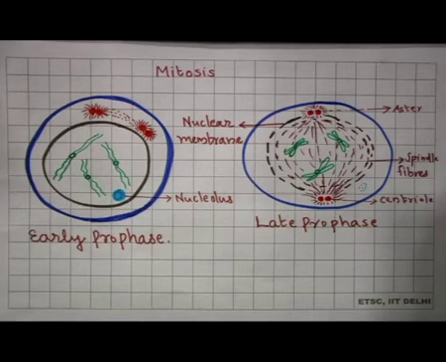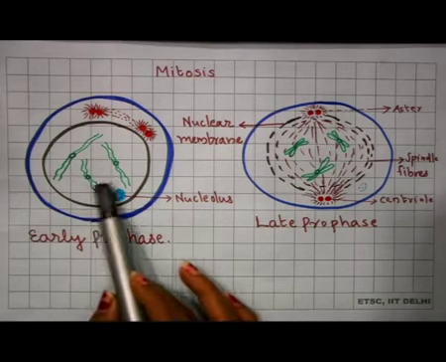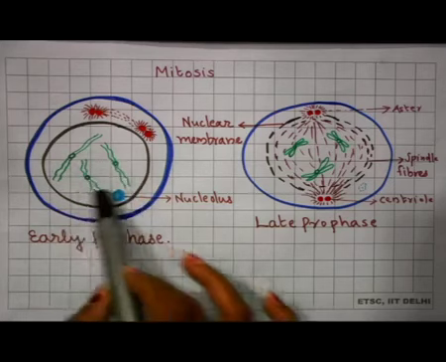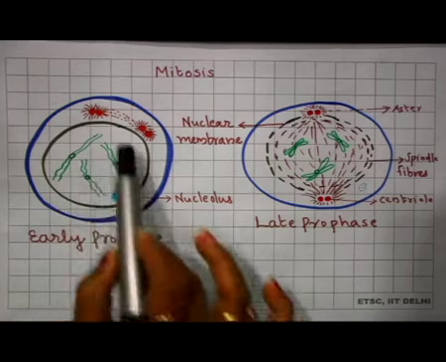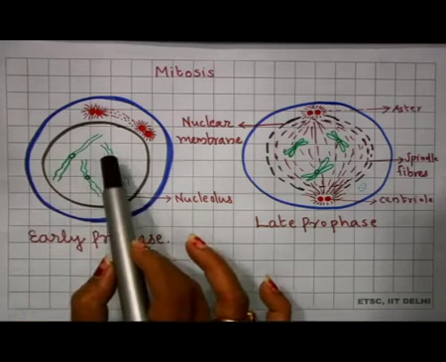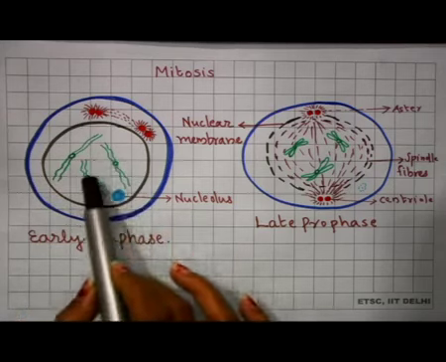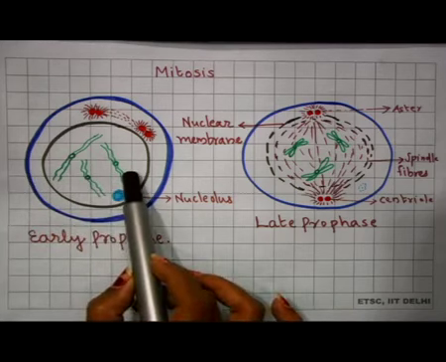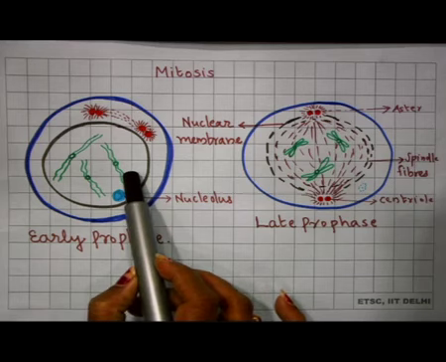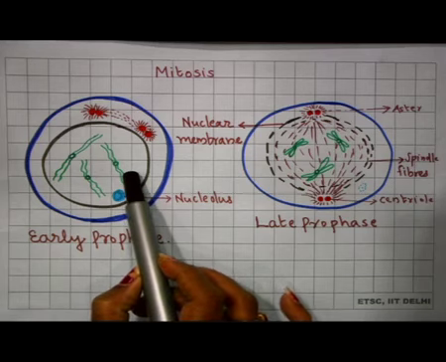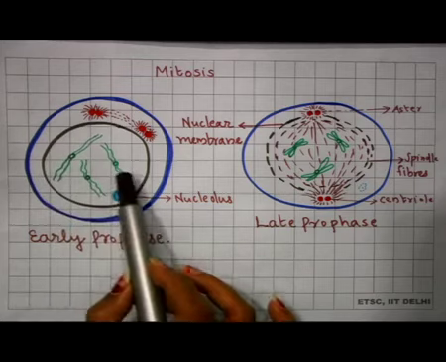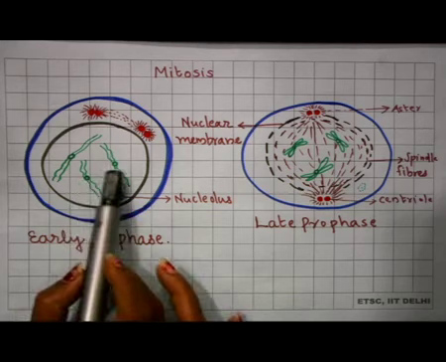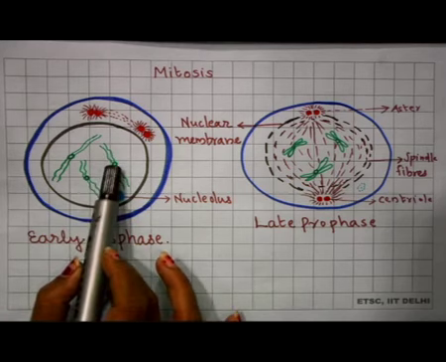Each of these chromosomes has two chromatids, and this chromatin reticulum seen in the resting phase or even in the interphase undergoes coiling followed by condensation, and they form thick rod shaped structures. We will call them chromosomes. Each chromosome has two chromatids, and here you can see these two chromatids attached at the centromere.